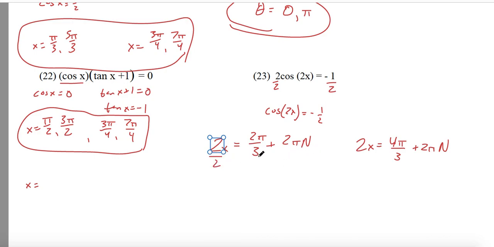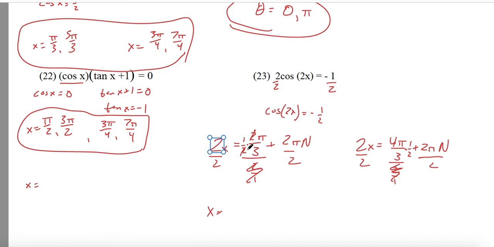So we divide by 2, divide by 2, divide by 2. Got to solve for x, so we're dividing by 2. Remember, dividing a fraction by 2, we're dividing by 2 over 1, so multiply by 1 over 2 instead. And we've got x equals, well, the 2's can reduce.